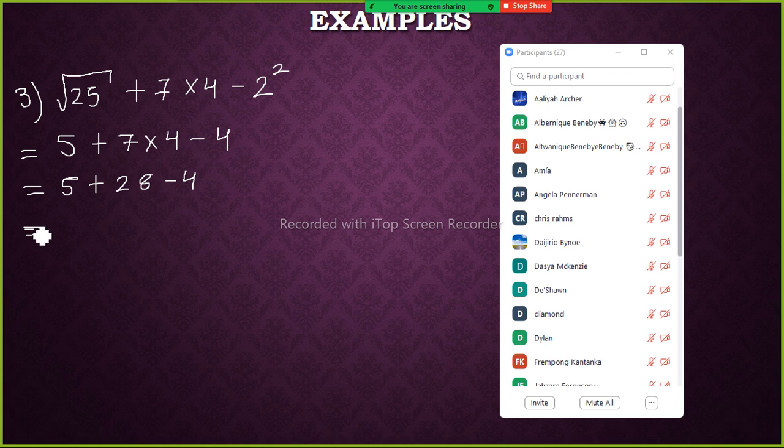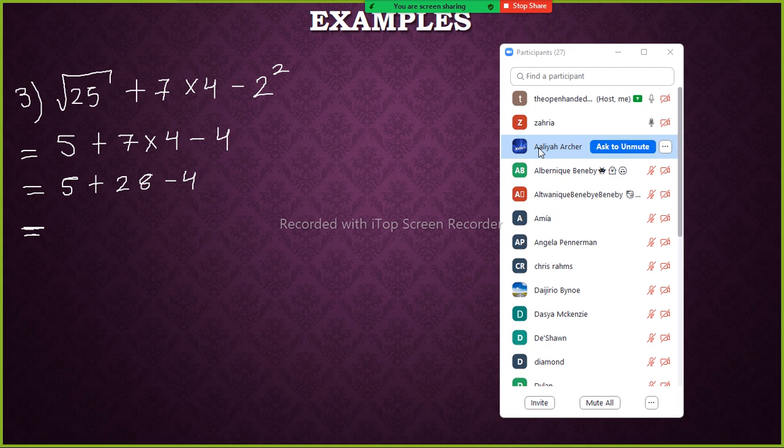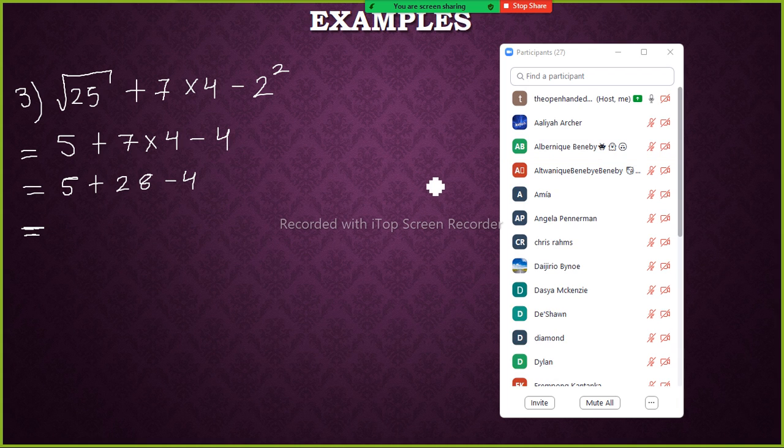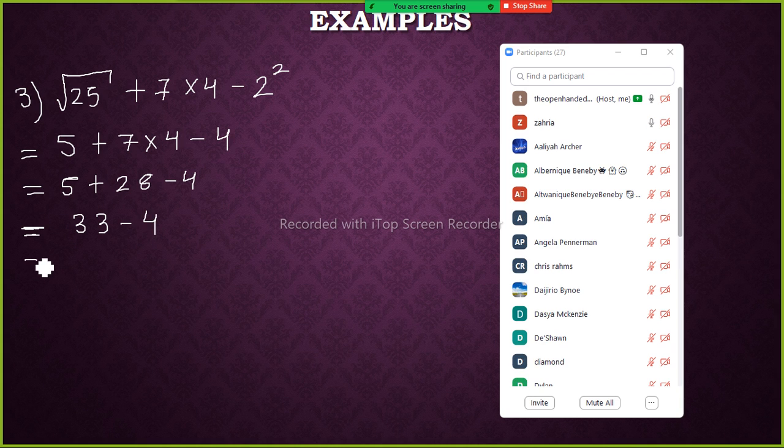Add, most definitely. 5 plus 28 is what? 33. Yes, 33. We have 33 minus 4. That's going to give us 29. Anyone else got 29?